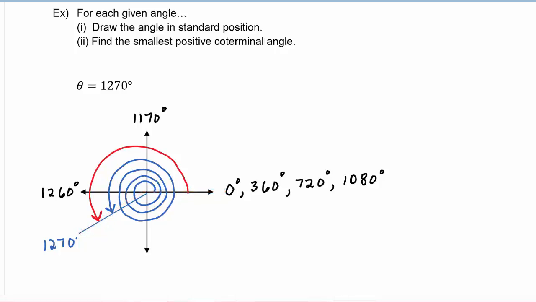Probably the easiest way to think of finding this measure is to start here, go to the negative x-axis, we know that would be 180 degrees, and then from 1260 to 1270, we know that that's just 10 degrees more. So that would mean that smallest positive coterminal angle is going to work out to be 190 degrees.